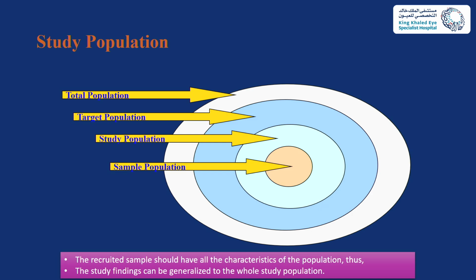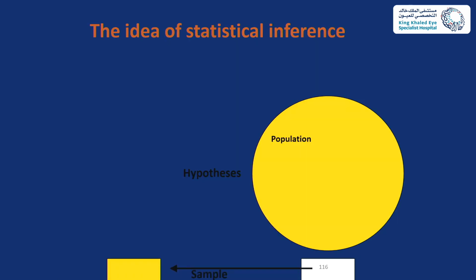So while recruiting your sample, you should make sure that the sample has all or the majority of the characteristics of the population. Not only that, but that findings can be generalized.